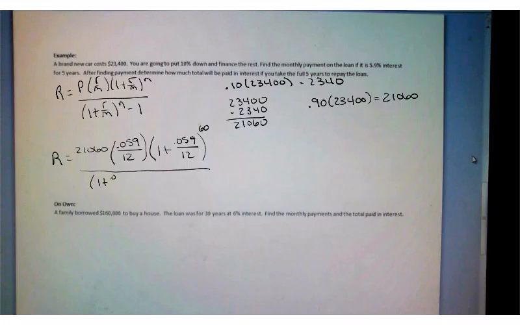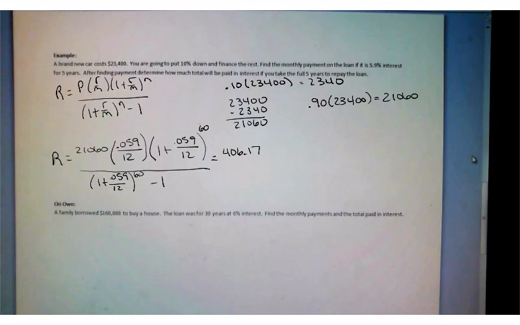As far as our denominator is concerned, we've already thought about all those numbers, so we can just run through that. Take a couple of minutes to do that on your calculator and check. You can pause the video if you'd like, but when all is said and done, you should end up with a payment that is $406.17.